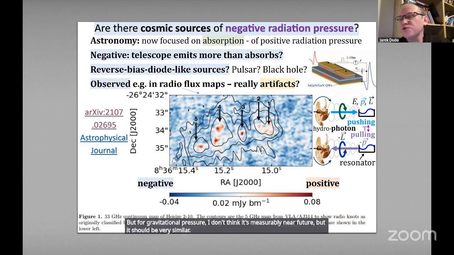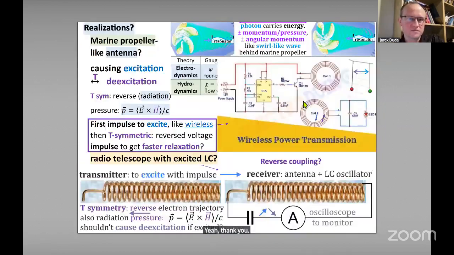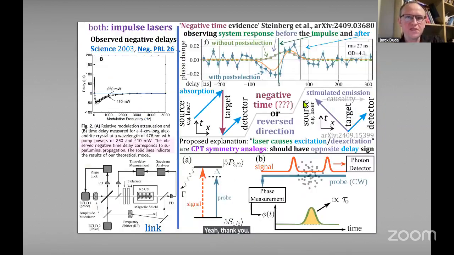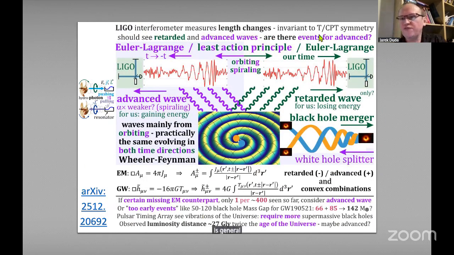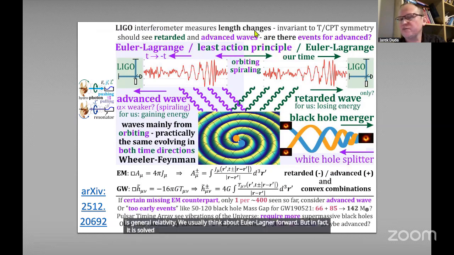General relativity is a time symmetric theory. We usually think about Euler-Lagrange forward, but in fact, it is solved by the least action principle, by these Einstein equations, which are for the least action principle. And we could also solve them for the Euler-Lagrange for negative time because they are symmetric.